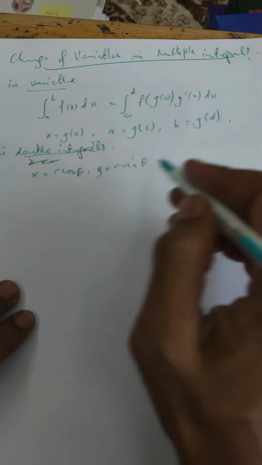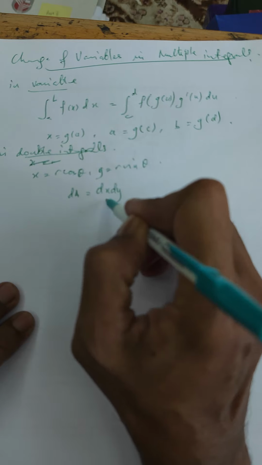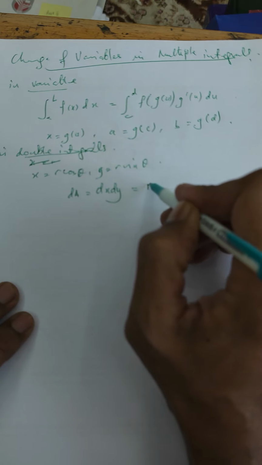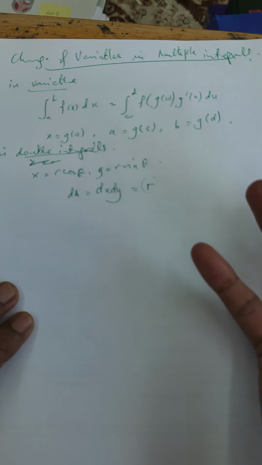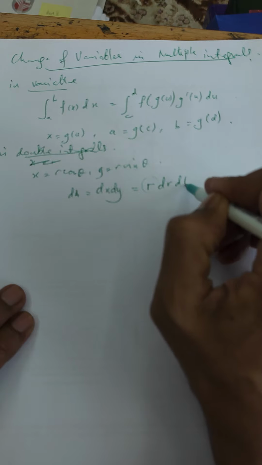And what happened to dA or dx dy or dy dx? We have an r here, which we call the Jacobian of the transformation, dr d theta.